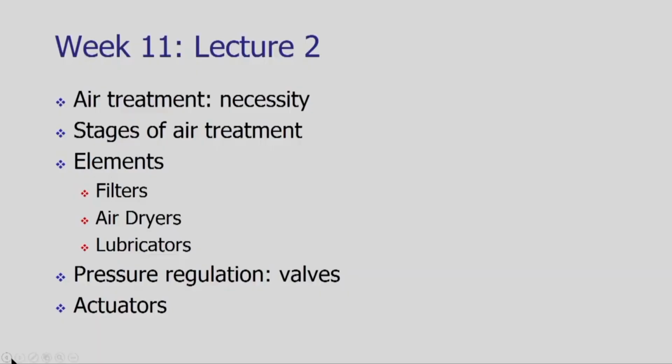We will see their configurations, construction, working and applications. Then we will have a detailed discussion on the various valves, control valves and direction control valves which are used in pneumatic systems. At the end of the lecture, we will have a discussion on various pneumatic actuators which are used in the industry. So till then, goodbye, see you.